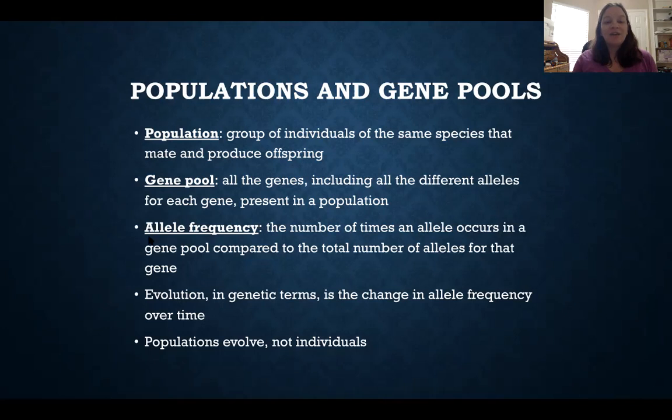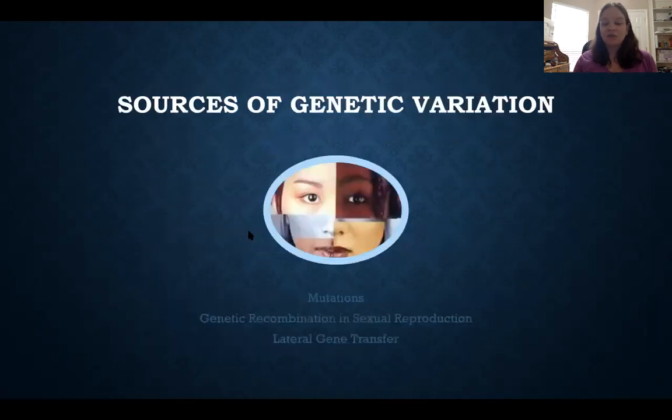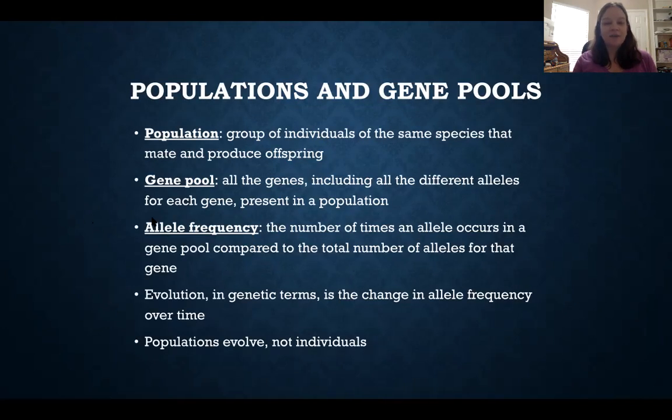From that, we can calculate the allele frequency, and you're going to do this in a lab: figuring out the number of times that an allele occurs compared to the total number of alleles for that gene. The more frequent a particular allele is, the more often it's occurring.